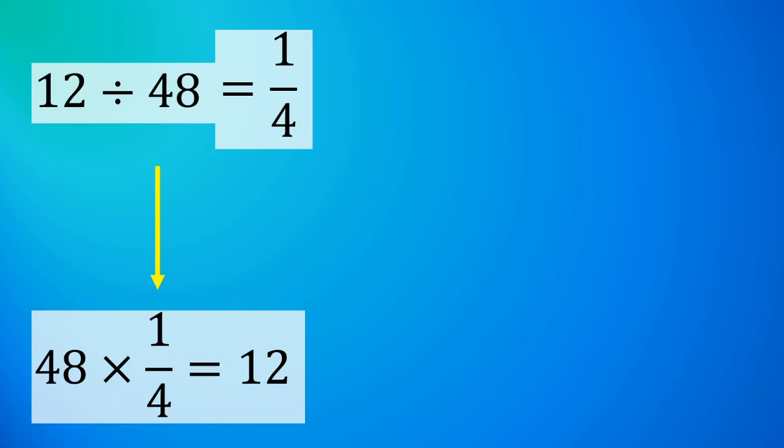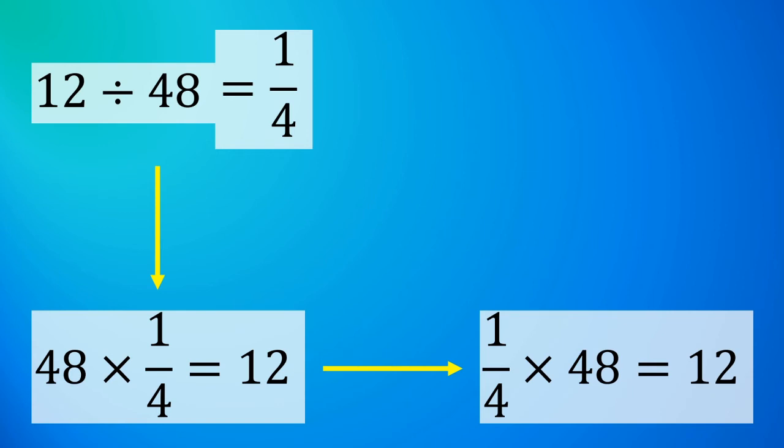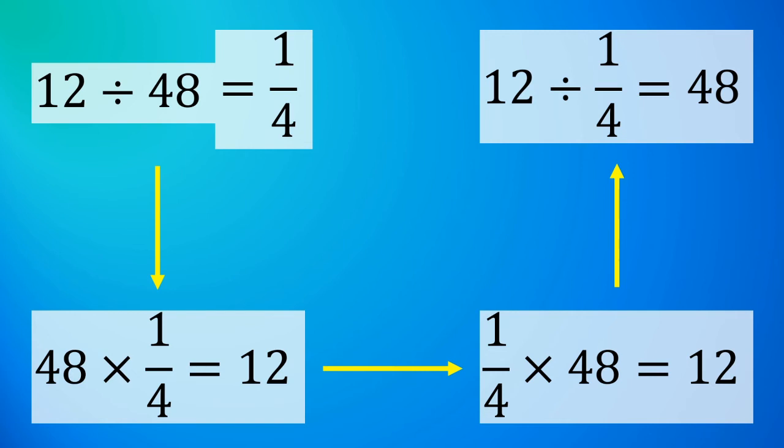I explained why this is the case in a previous set of videos, and I plan to link that set of videos in the description of this video. Anyway, because of this equation and because of the commutative property of multiplication, this means that 1/4 times 48 is equal to 12. Because division is the opposite of multiplication, I can now know from that equation that 12 divided by 1/4 is equal to 48.